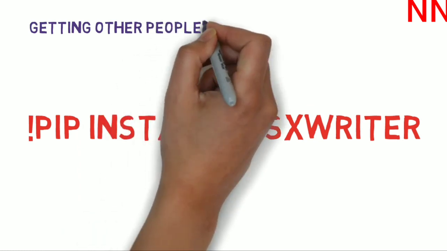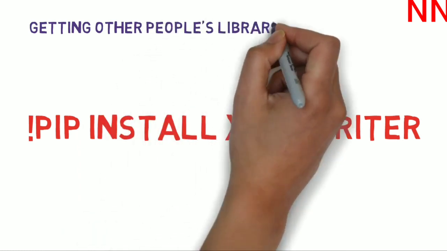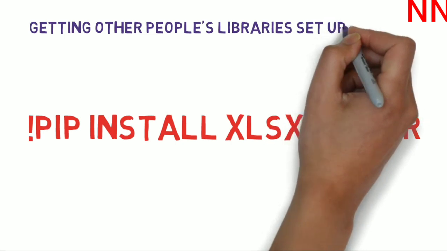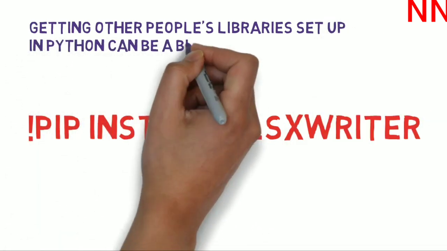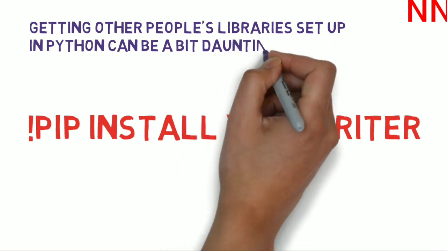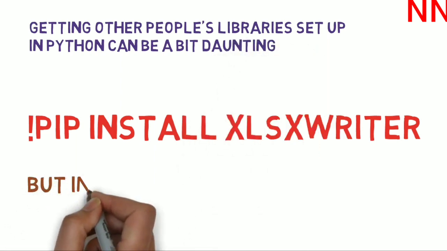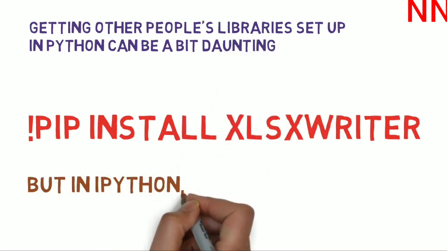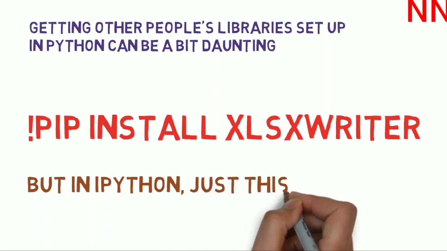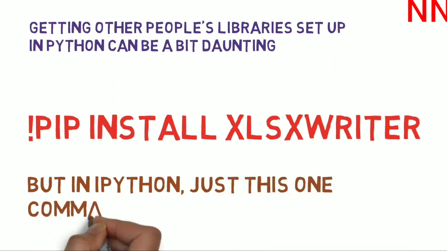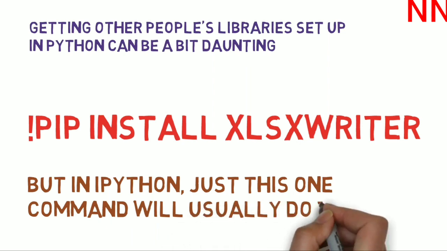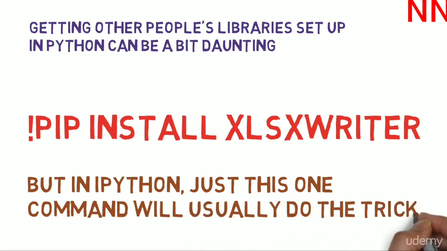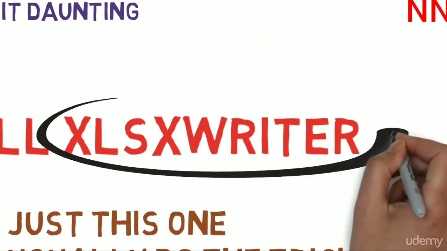Now, getting other people's libraries to work in IPython or Python can be a bit daunting, but just use this command, pip. Just type in !pip install followed by the module or library name and it should install the library for you directly and any dependencies that library needs.